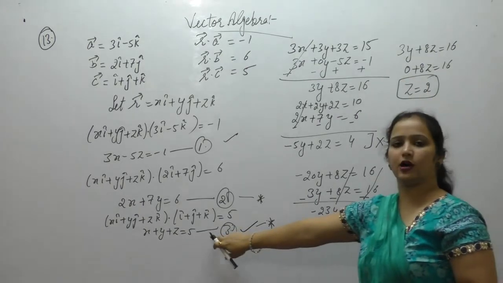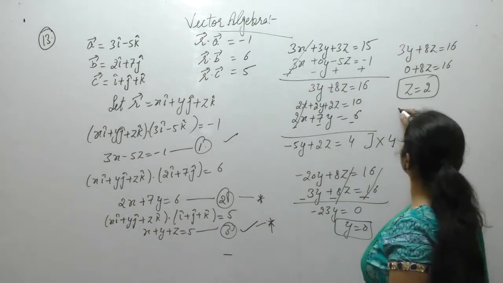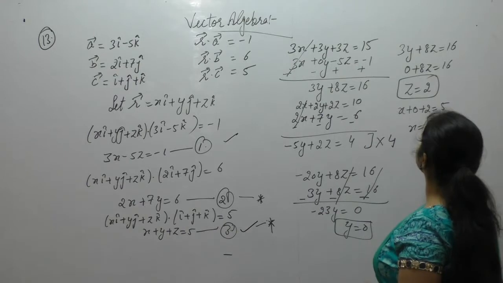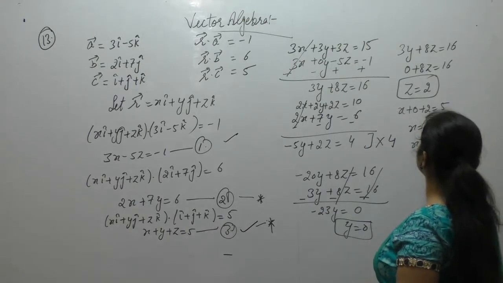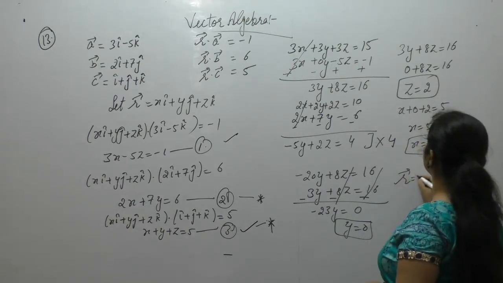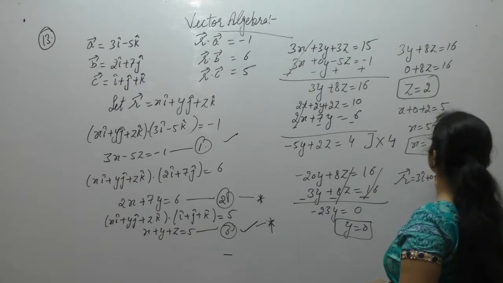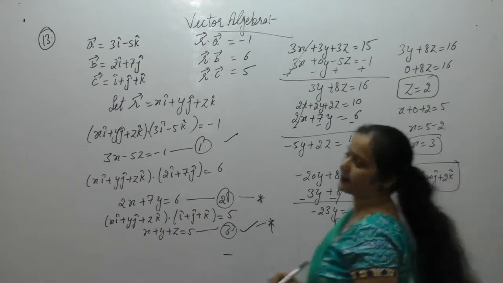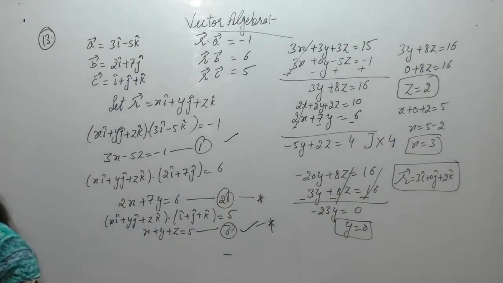Now put the value of y and z in equation 3. X plus y plus z. So x is 5 minus 2, 3. Therefore r vector is 3i cap plus 0j cap plus 2k cap.